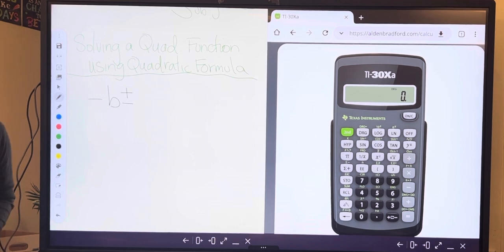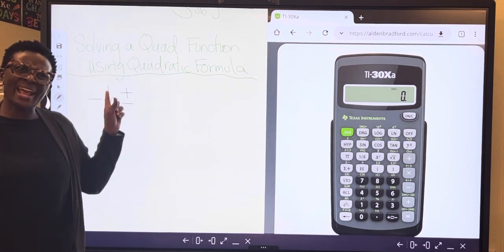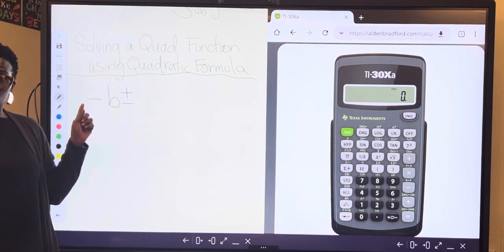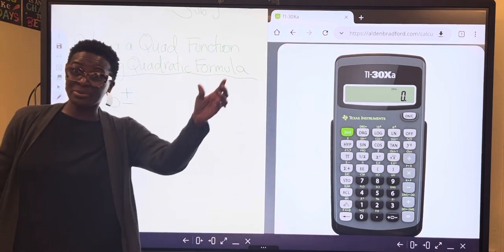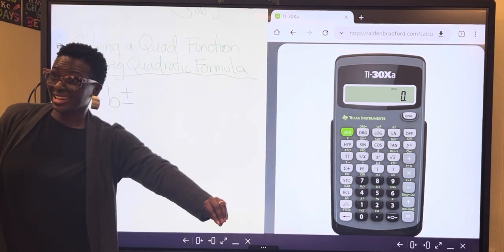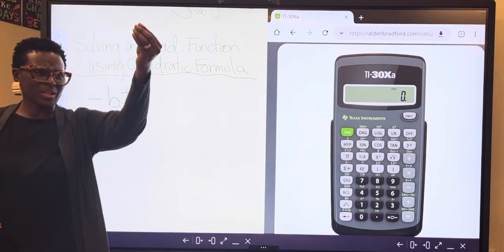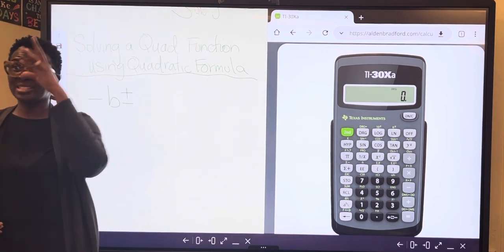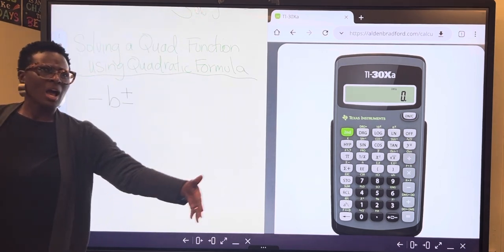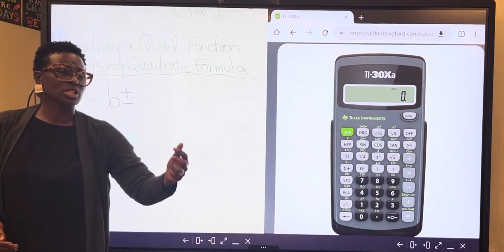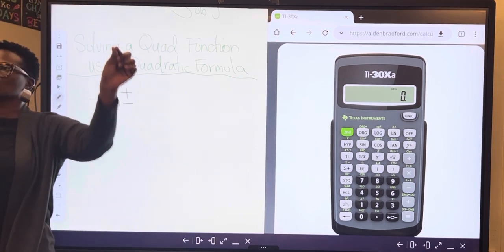What does that mean? How many answers am I going to get from this? 2. Because aren't I going to add something and then subtract it? And isn't that going to give me 2 different things? If I take 5 and add 3, I'm going to get 8. If I take 5 and subtract 3, I'm going to get 2. That's going to give me 2 different answers. So this is what helps us to get those 2 intercepts.